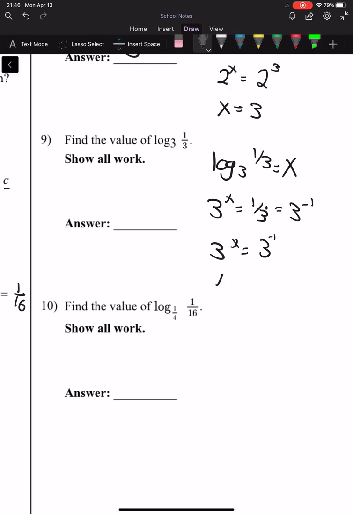So X equals -1. Another way to solve that, you could say ln of 3 to the X equals ln 3 to the -1. And because these are both the same ln, we get X equals -1.